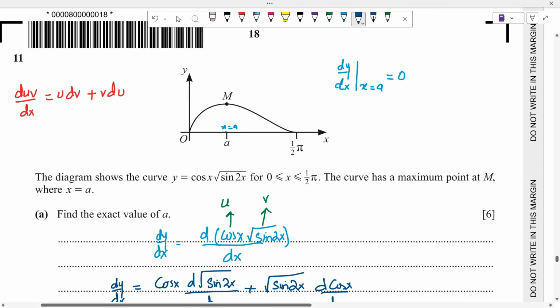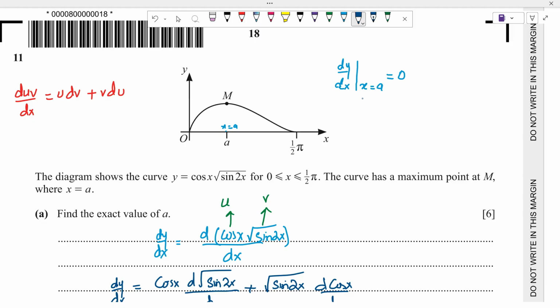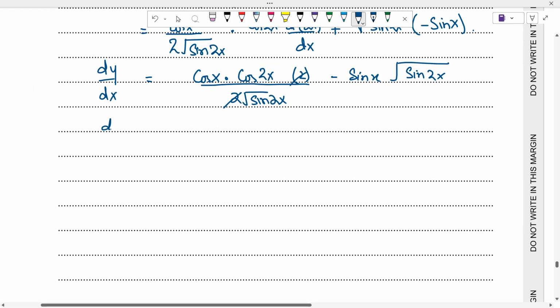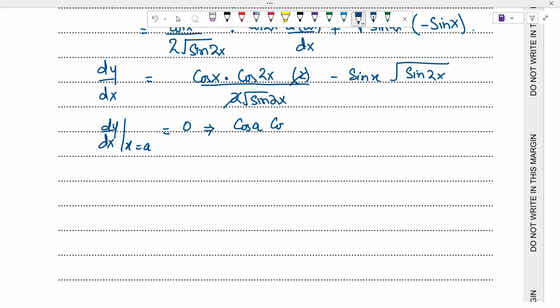We need to find the value of a. dy over dx at x is equal to a is 0. So this is equal to cos of a cos of 2a over the square root of sine of 2a, minus sine of a times the square root of sine of 2a, which is equal to 0.